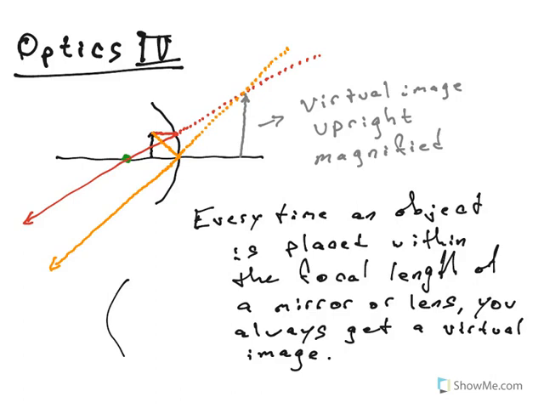Now obviously one can ask the question, okay, well if after the focal length it's a real image, inside of the focal length it's a virtual image, what happens when I put the object on the focal point itself? That's something you should try, but what I will say is, if you do this accurately, you're going to find that the light rays go parallel to themselves.